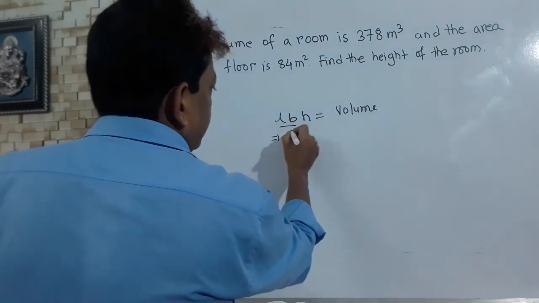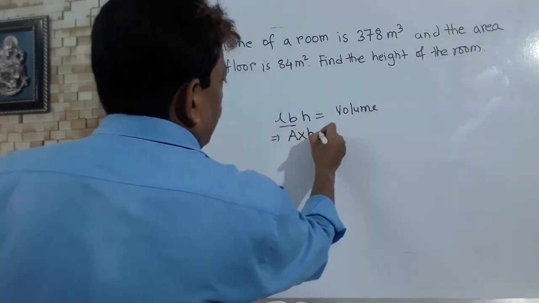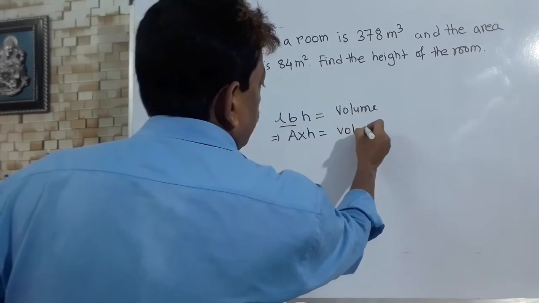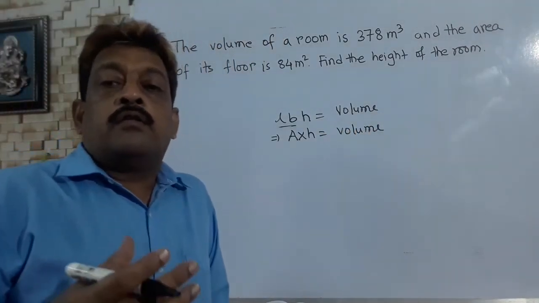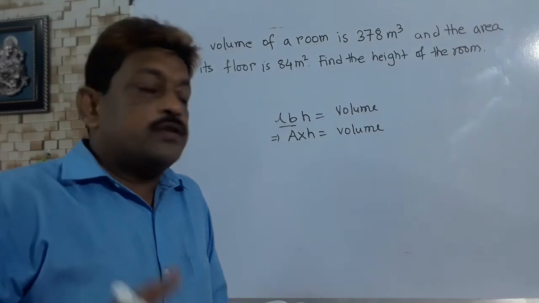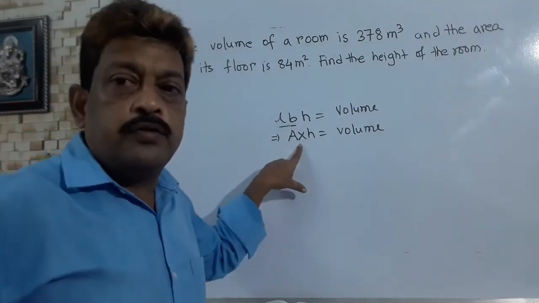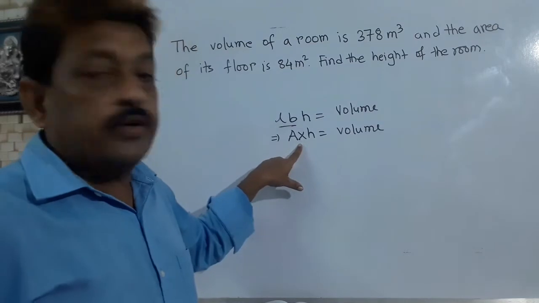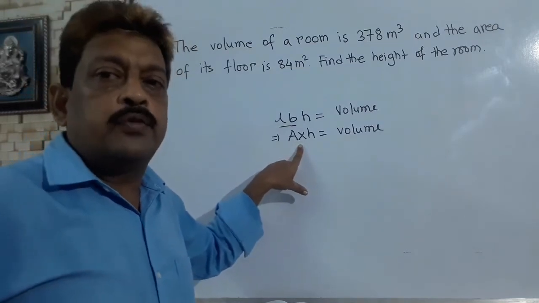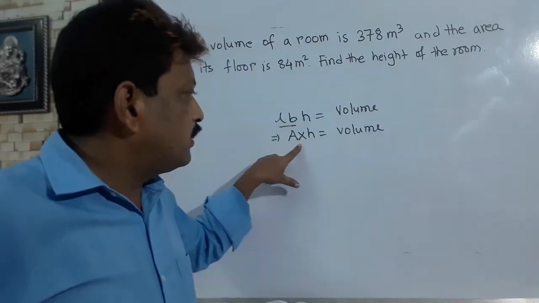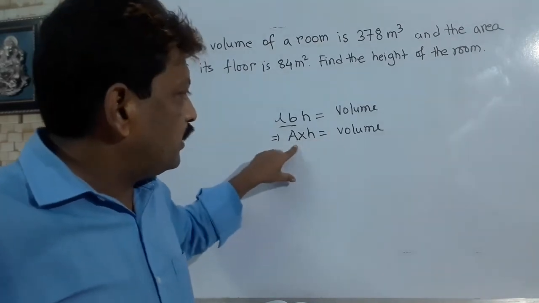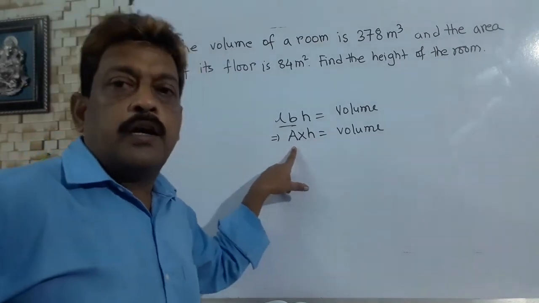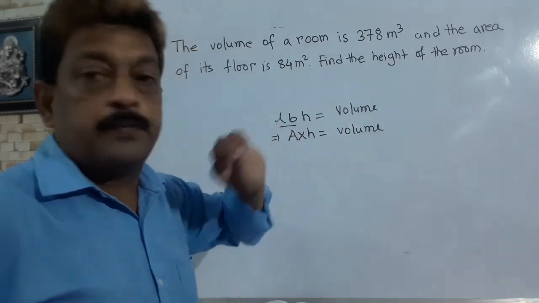So here we can write area into height equals volume, isn't it? So if the room is not in the form of a cuboid, still if the area of the floor is known, then we can calculate the volume of the room if area of the floor is given and the height of the room is given.